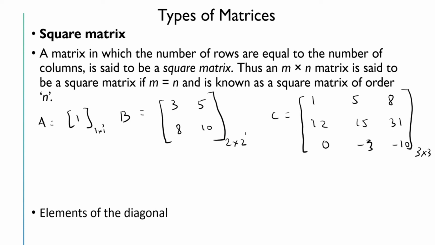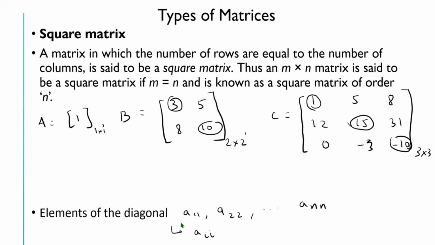In a square matrix, the elements in the diagonal are called the diagonal elements. Similarly for B, these are the diagonal elements. So the elements of the diagonal are given by A11, A22 up to Ann. Or in general, the diagonal element is represented by Aii.